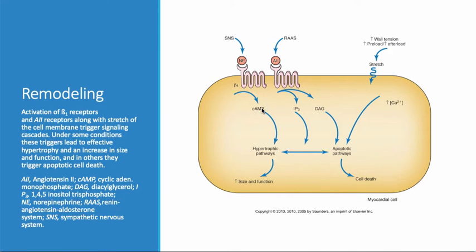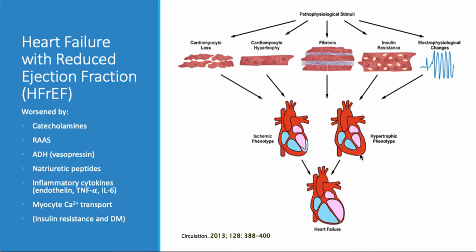It uses energy and increases the myocardial oxygen consumption. And at the end of the day, it does bad things. It either causes increased size and function of the heart muscle cells, or it may lead to apoptosis or programmed cell death. So remodeling is something that we would love to be able to influence, because when we do block these things, we decrease the intracellular energy production and hopefully preserve cardiac cells.